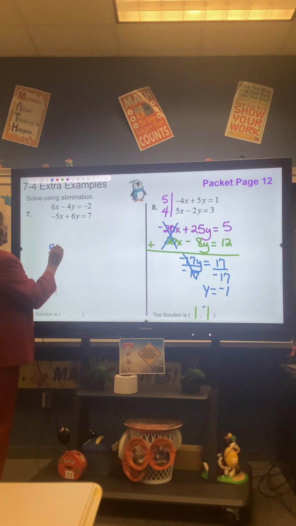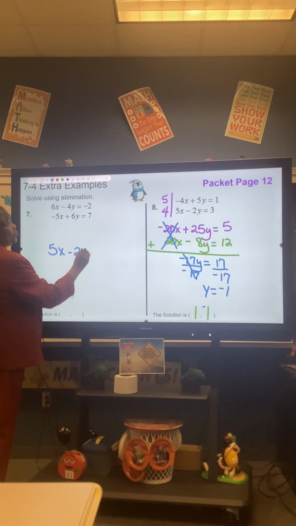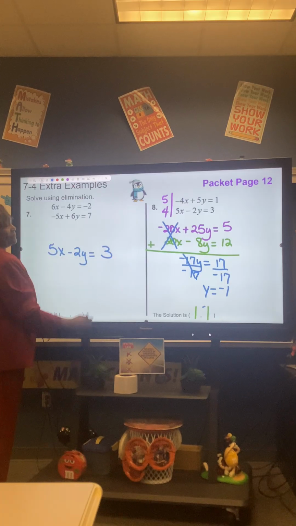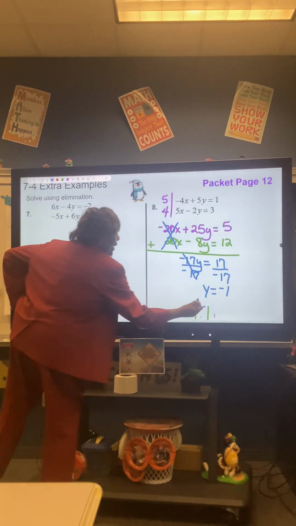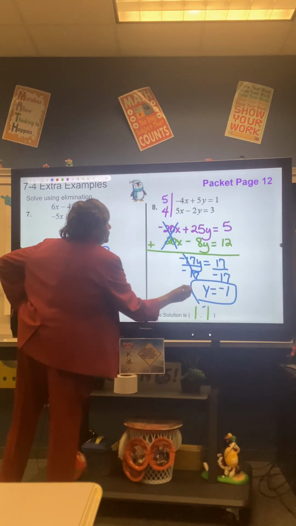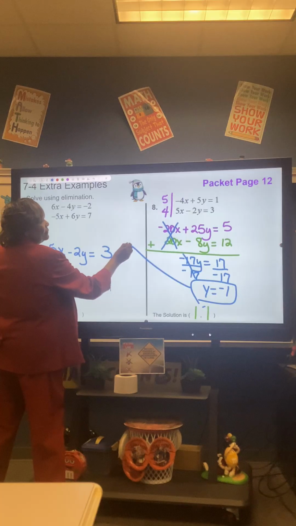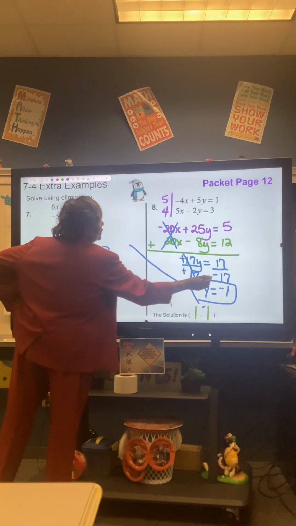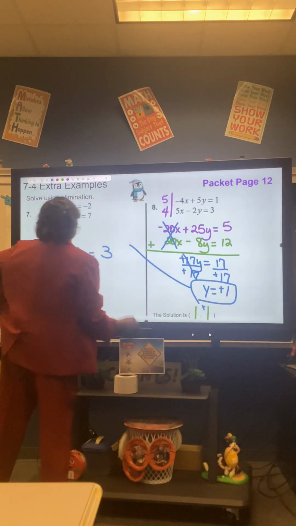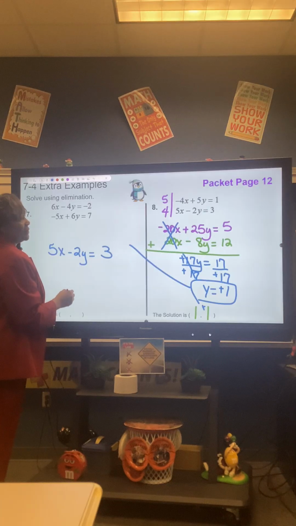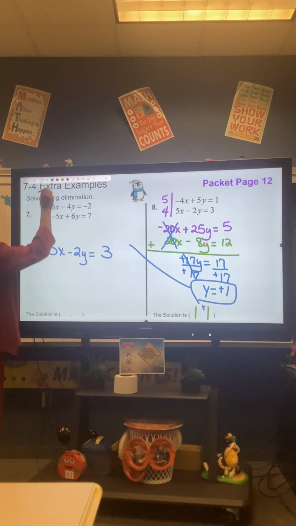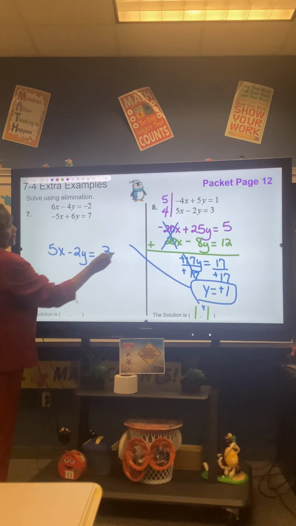I'm gonna take the second one. 5x minus 2y is equal to 3. I'm replacing my y over here. Oh, that's positive y. That's positive 17y, right? Not negative 17. Okay, I'm tripping.